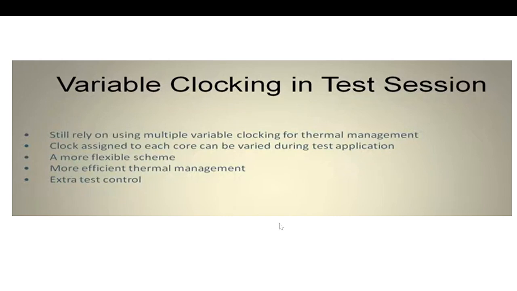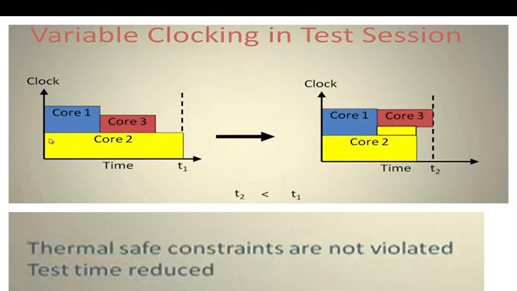Variable clocking in test sections still relies on using multiple variable clocks for thermal management. The clock assigned to each core can be varied during test application. A more flexible scheme, more efficient thermal management, extra test control. Say we needed this much time; if we use this much clock frequency, then it is thermal safe.